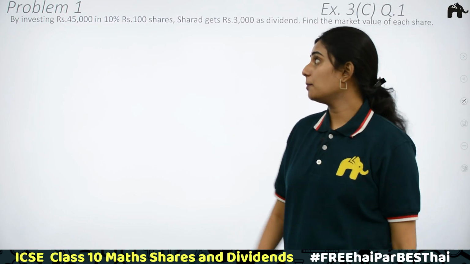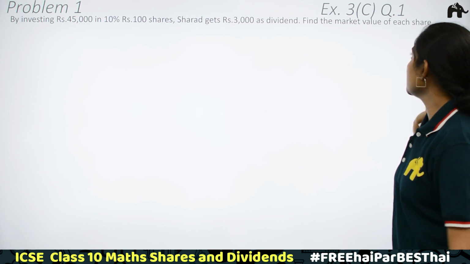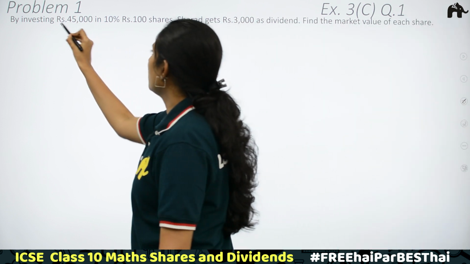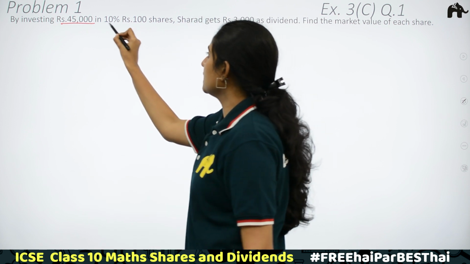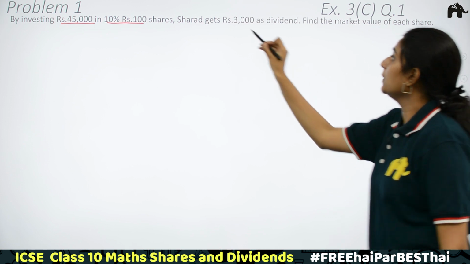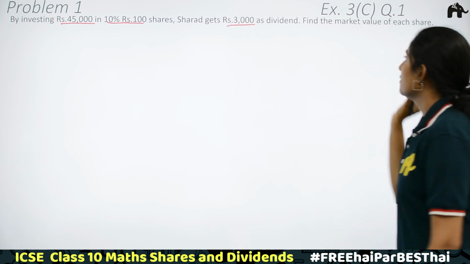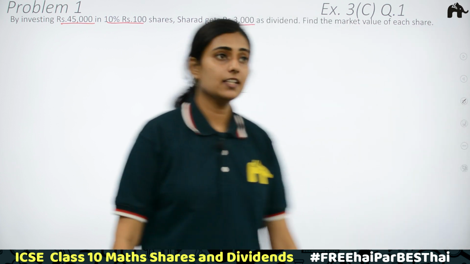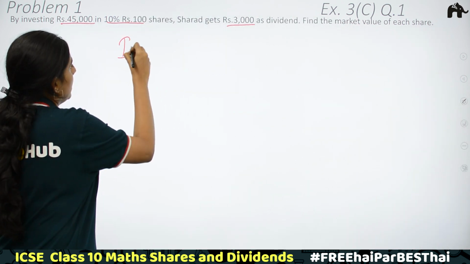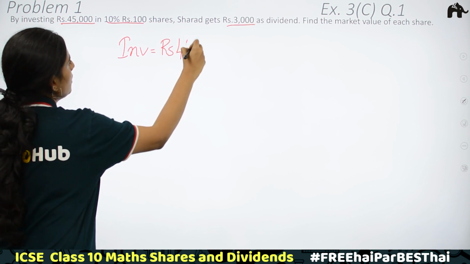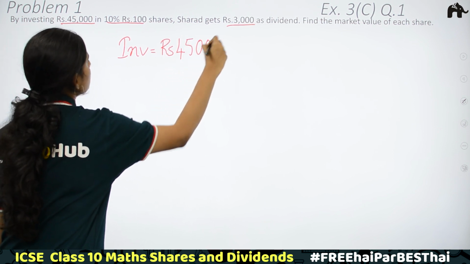Here is our first problem. Problem 1, question number 1 of exercise 3C. By investing rupees 45,000 in 10% rupees 100 shares, Sharad gets rupees 3,000 as dividend. Find the market value of each share. Given total investment is equal to rupees 45,000.